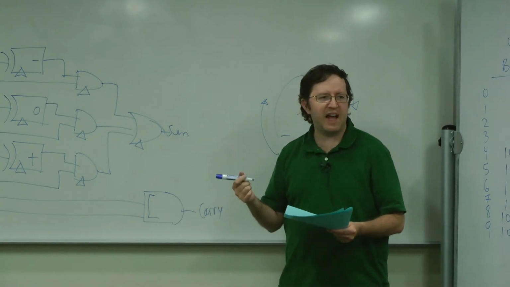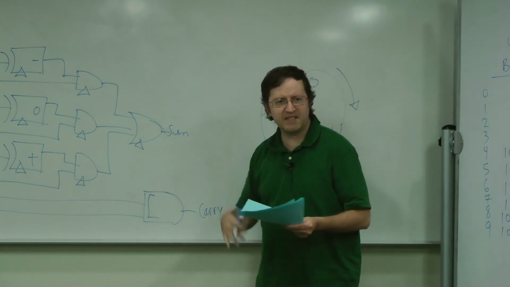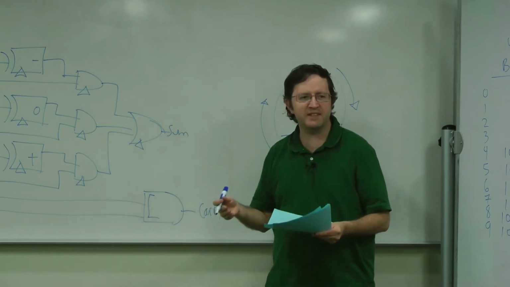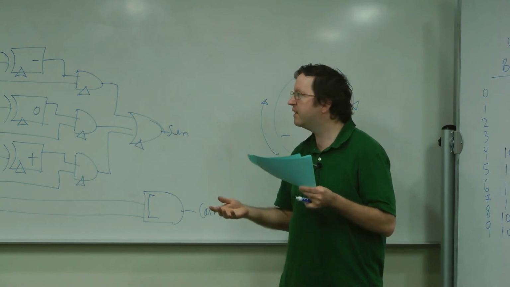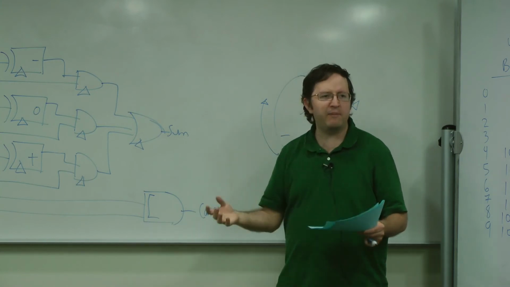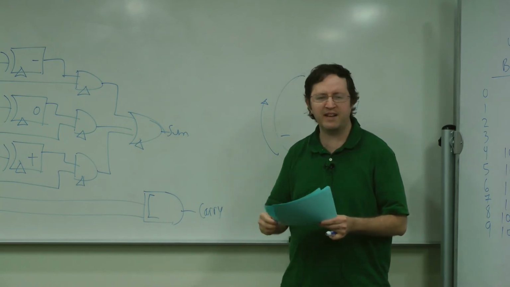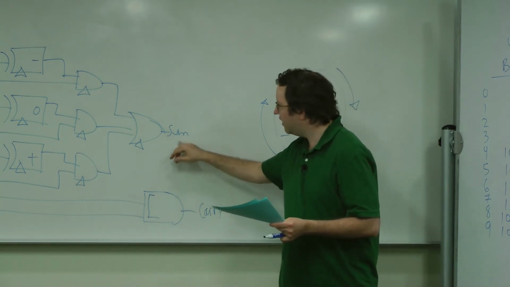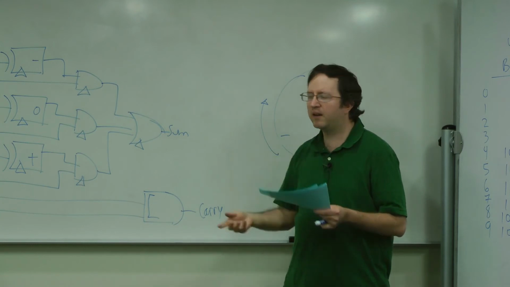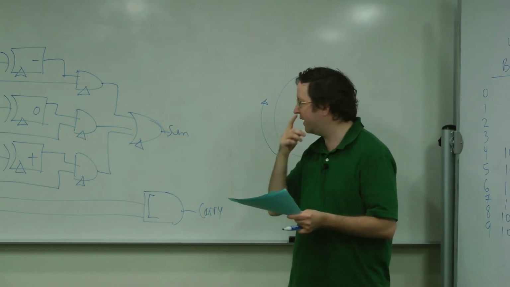One of the disadvantages I have right here is that in trying to figure out how much the circuit can be simplified, I have a bit of a disadvantage because people have been working on simplifying and optimizing binary functions for decades in an effort to get computers as efficient as possible. So it's a bit of a challenge to try to figure out how simplified a ternary circuit could be made when I'm still in the process of trying to figure out what they're looking at in the first place.